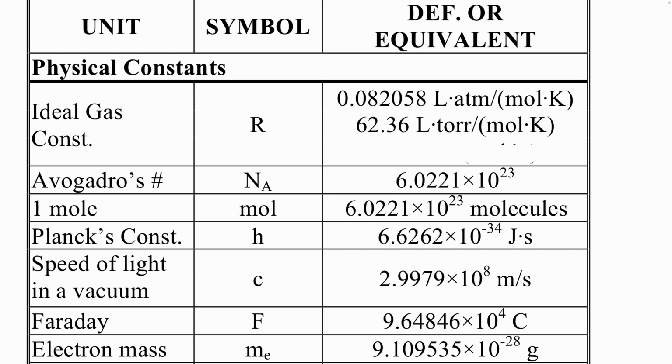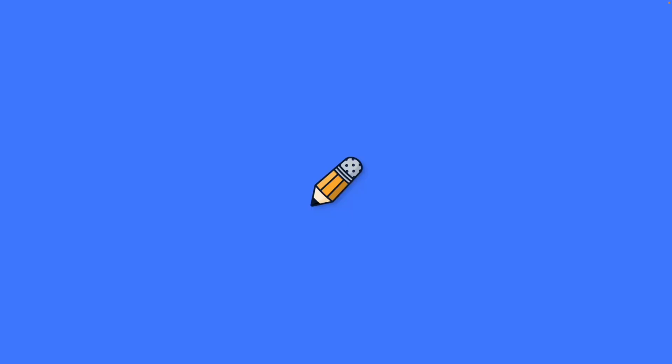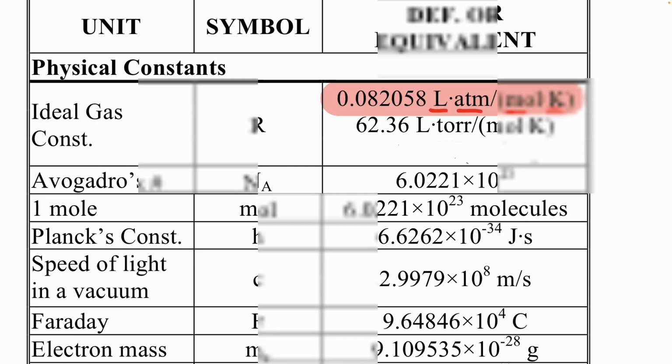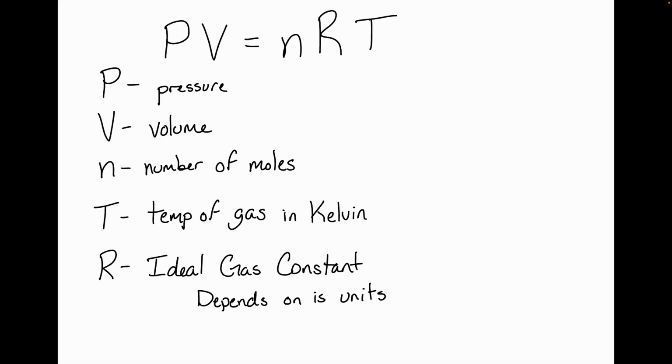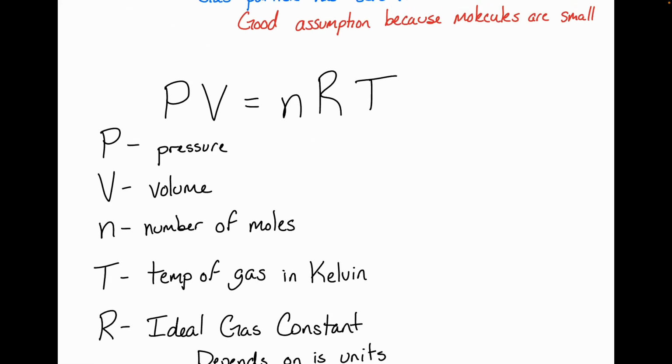All right, so let's use our ideal gas constant. We'll use units of ATM for our pressure. That's kind of a default for chemistry, especially modern chemistry. The 0.082058 liters ATM per mole Kelvin. And these units look really awful and scary here, but we're going to see why this is important. All right, so let's do an example problem here. We're going to use our PV equals nRT.